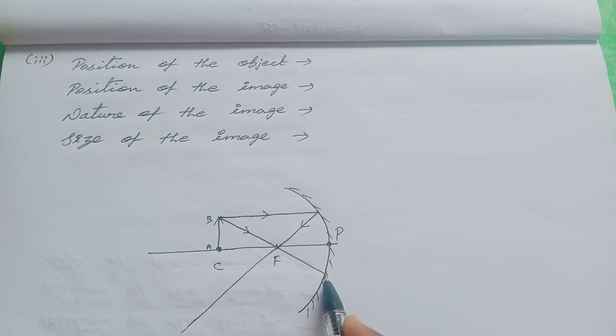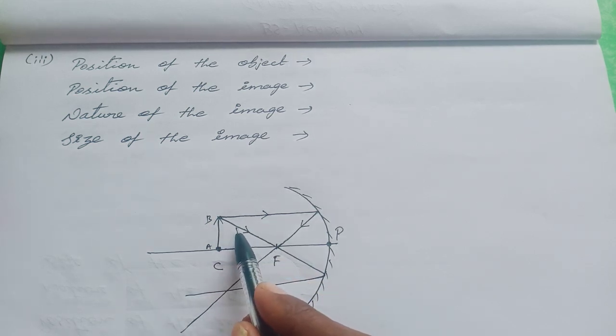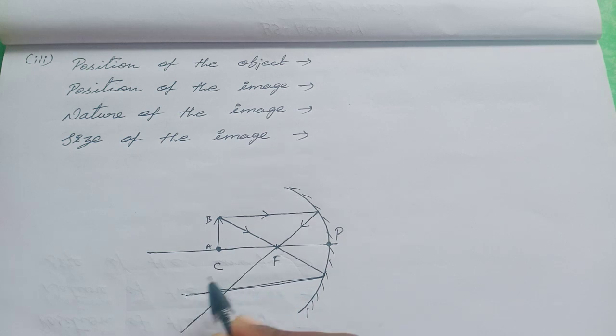The reflected ray becomes parallel to the principal axis like this, right? So if this is the incident ray passing through the focus, then after reflection, this reflected ray becomes parallel to the principal axis like this. Okay, so this is the reflected ray.